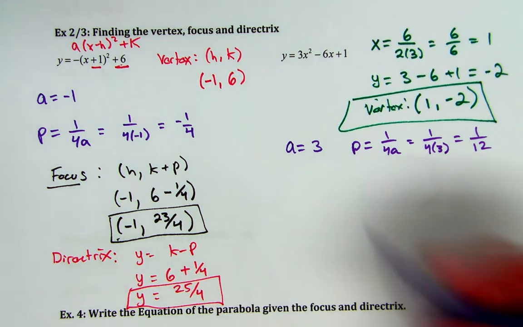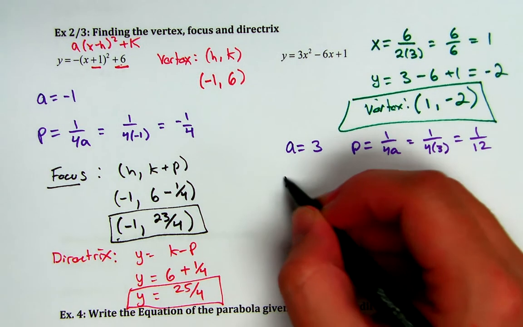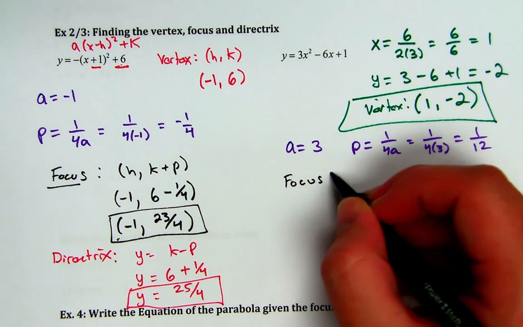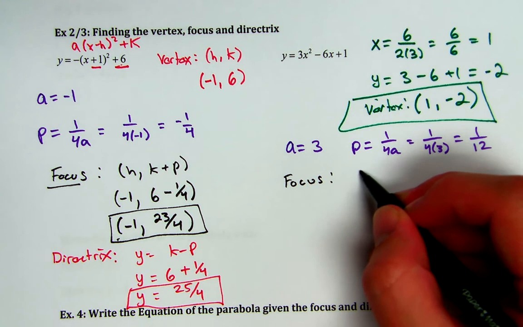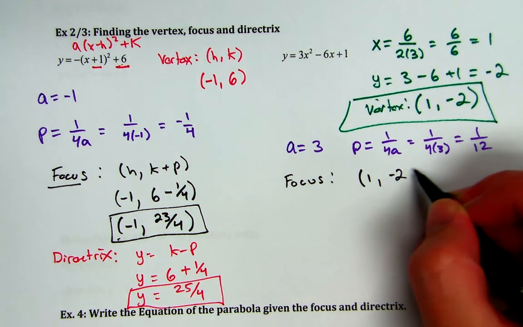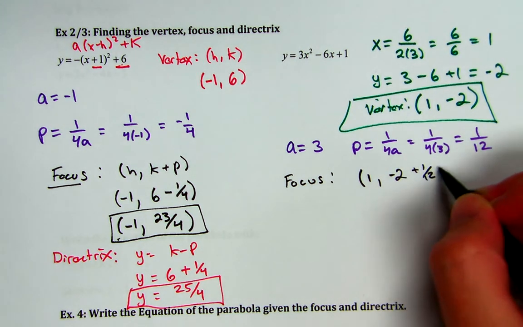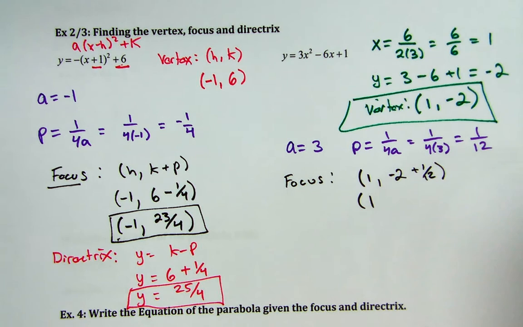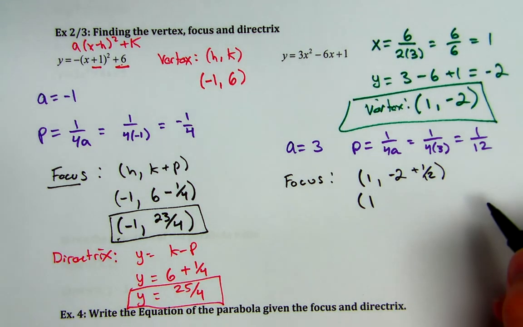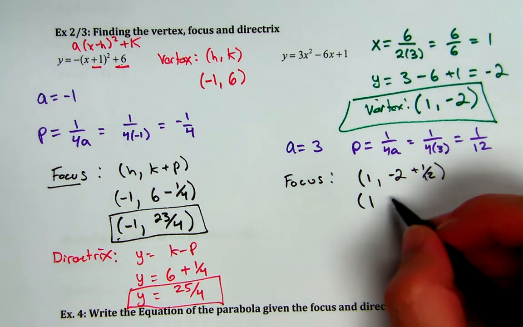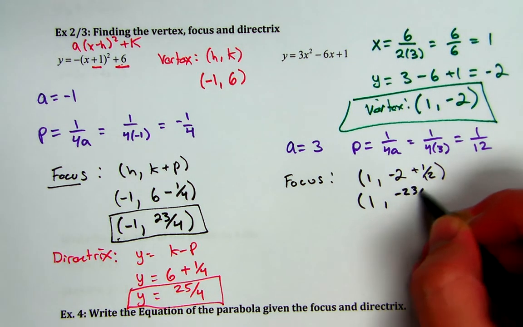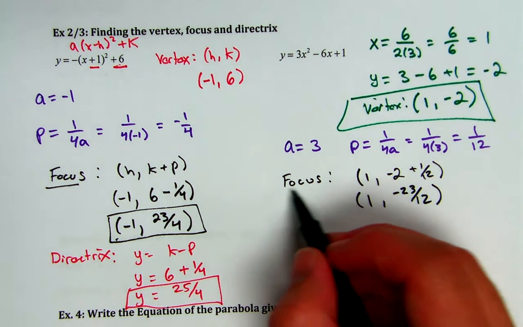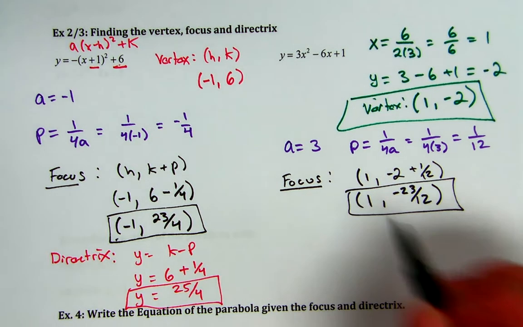So now I need to find the focus. Taking our vertex, we get (1, -2 plus 1/12). That simplifies to negative 1 and 11/12, so (1, -23/12). That's the focus.